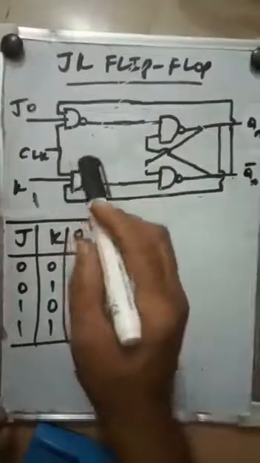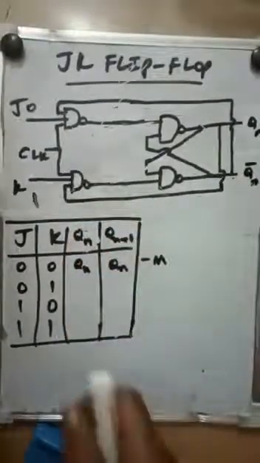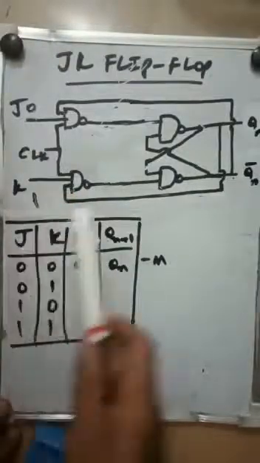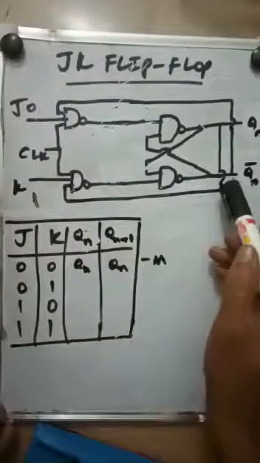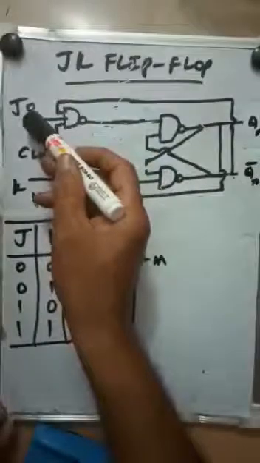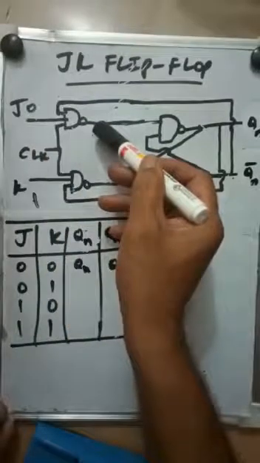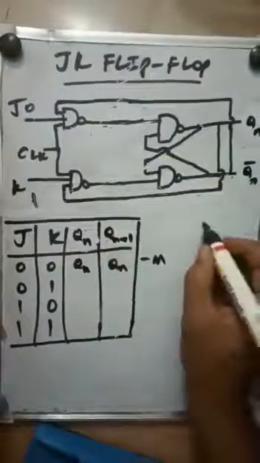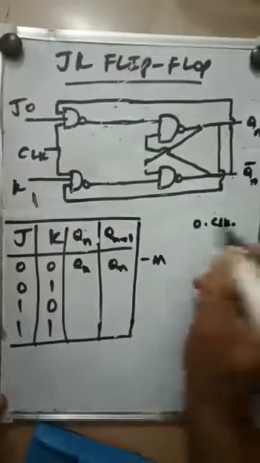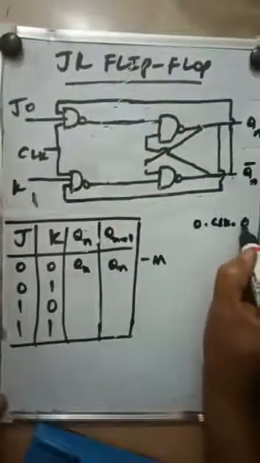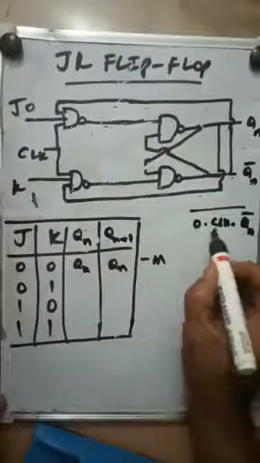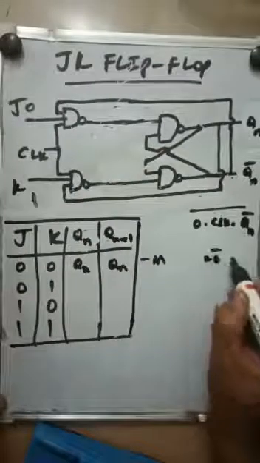With inputs 0 and 1 placed, QN bar is going to this NAND gate. Since J is 0, the output should definitely be 1. The NAND gate output is 0 dot clock dot QN bar whole bar, so 0 makes the entire product 0, and 0 bar is 1.